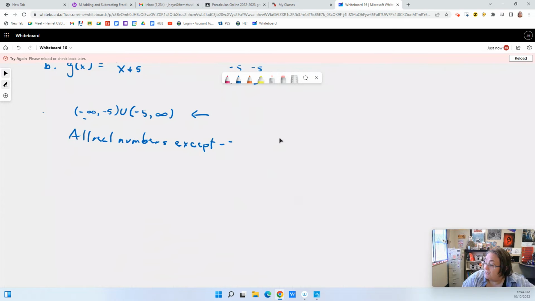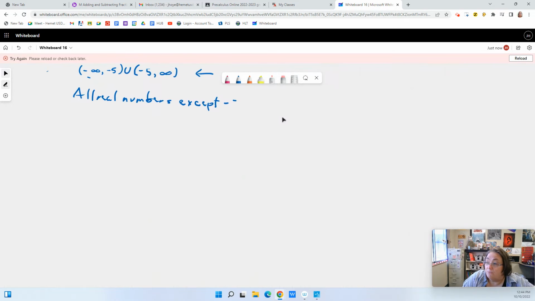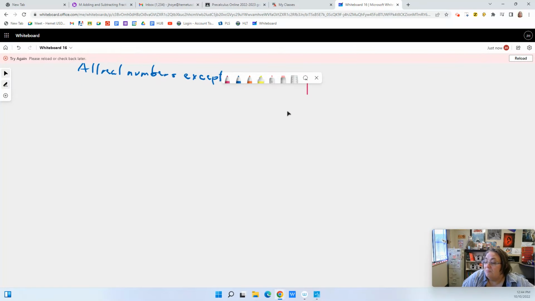Another thing we're going to be talking about is what we call piecewise functions. We did piecewise functions in Algebra 2, though we didn't spend a lot of time on it. A piecewise function is just you're going to follow a certain rule when x is one thing, and do a different thing when x is something else.